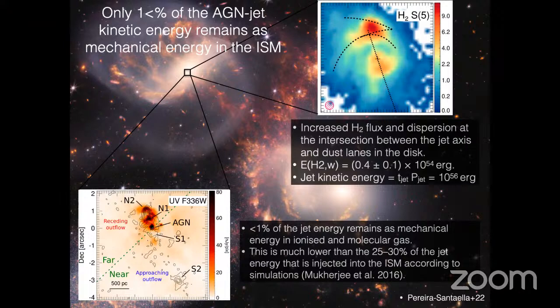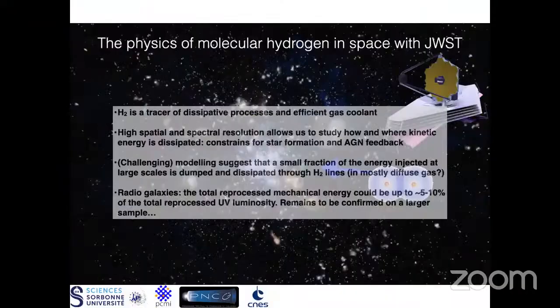And again, it is a tiny fraction of the jet kinetic energy that is needed to account for the H2. So shocks are necessary to explain the excited lines of H2 in those galaxies, but it is only a tiny fraction, and the mechanical energy is reprocessed mostly in the diffuse phase, which is quite a new result.